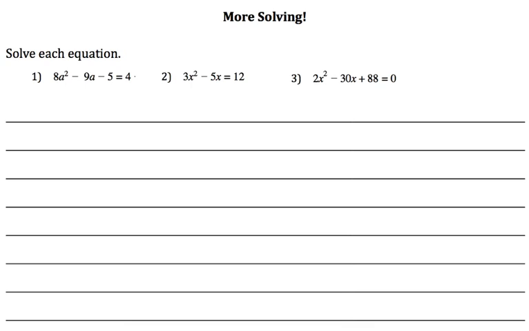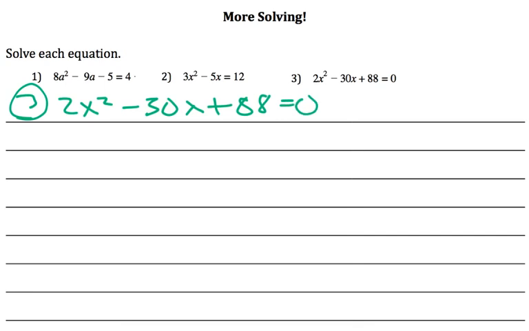Let's make this last one almost an OYO. And the reason that I say almost an OYO is, let's write it down. 2x squared minus 30x plus 88 is 0. Now, my first thought would be, well, 2 times 88, that's 176. And, well, maybe I could save some time.